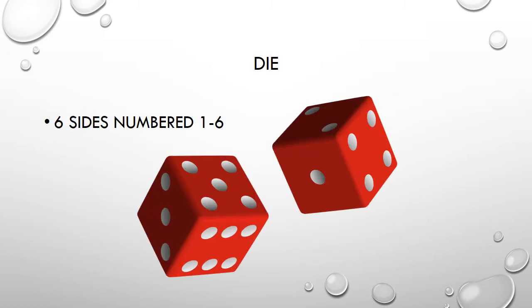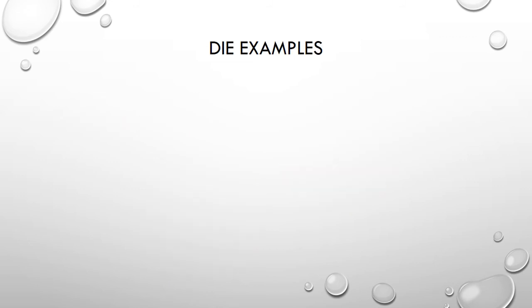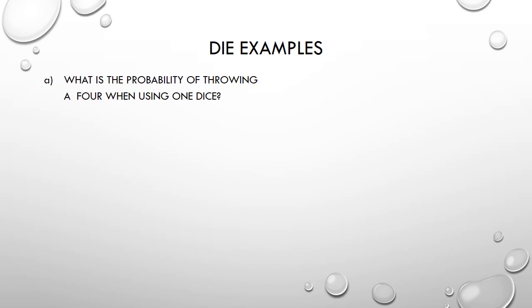Another concept that we use is dice. It's 6-sided cubes numbered 1 to 6. If we look at some examples on those, what is the probability of throwing a 4 when using a dice? So how many 4s do we have? We have 1 4 out of 6, rounded to 0.17, 17%, highly unlikely.